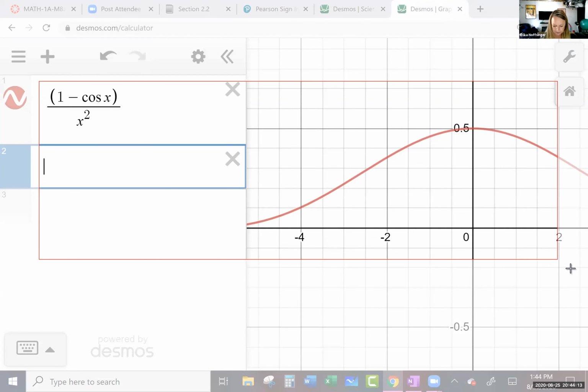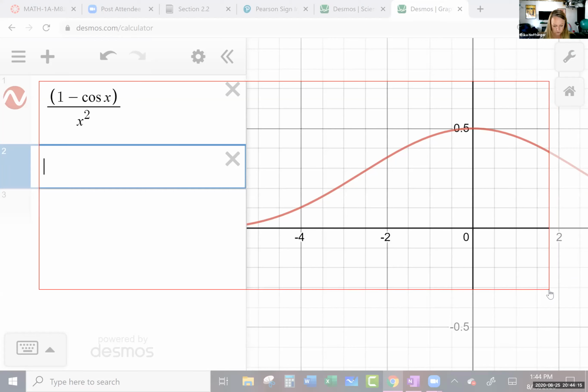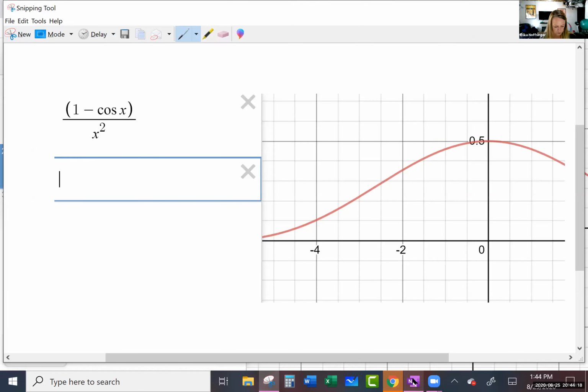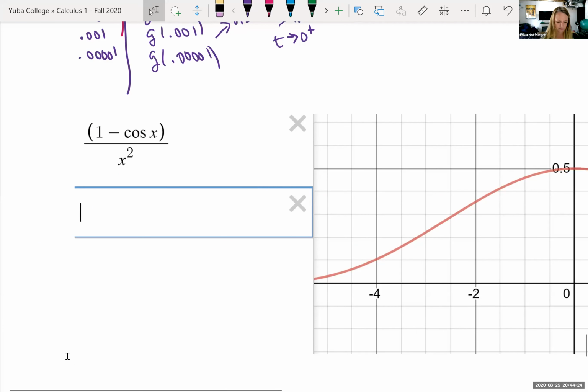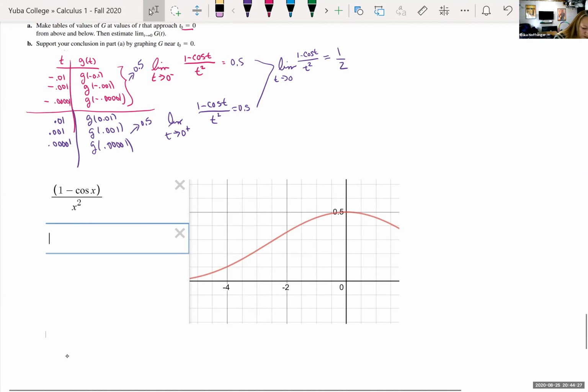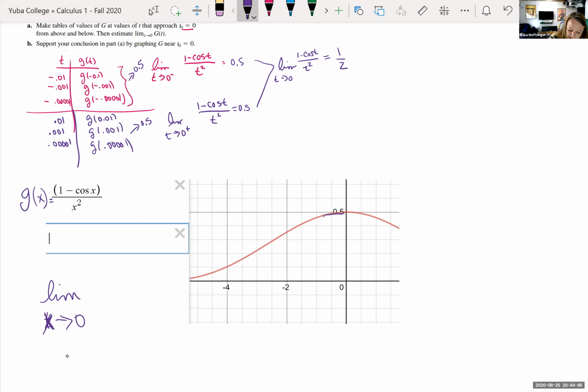Let's see if it works this time. Let me get this back. So the limit as t, in this case it really says x, goes to 0. Left hand equals the right hand, which is a y value of 1/2.